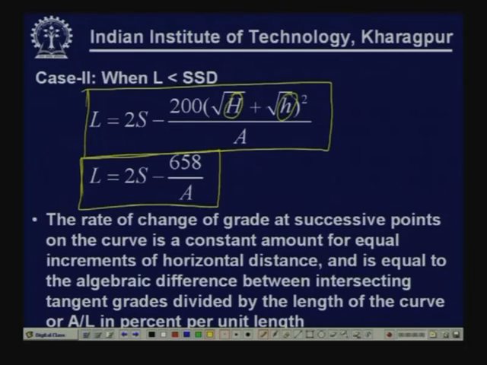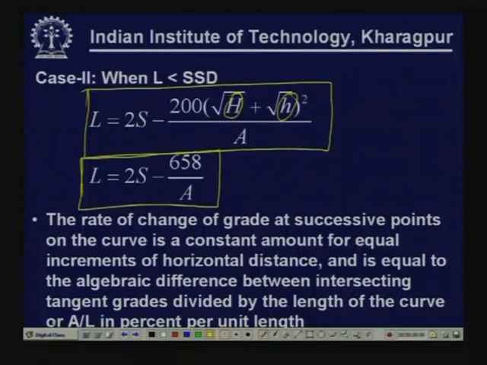Simply A is the algebraic difference between intersecting grades or the deviation angle, that much deviation angle is negotiated over a length L. So, what is the change of grade? It is nothing but A by L in percentage per unit length.